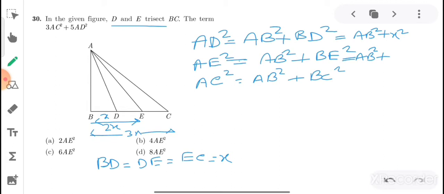So AD square is AB square plus X square, AE square is AB square plus 4X square, and AC square is AB square plus 9X square.